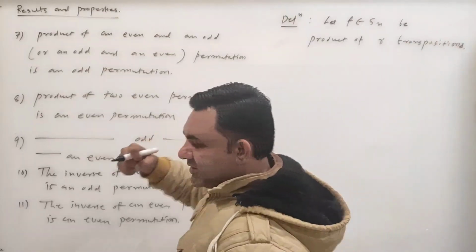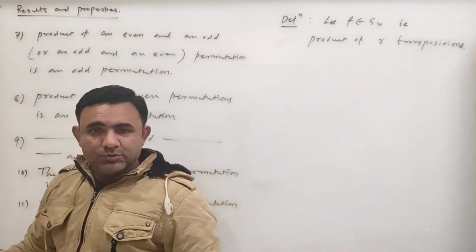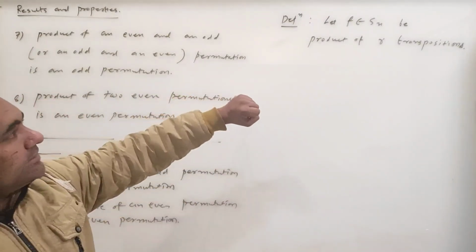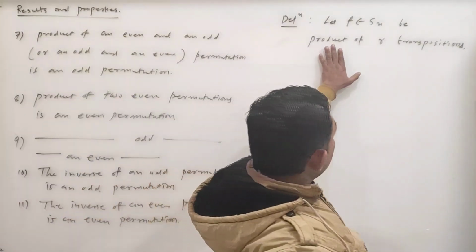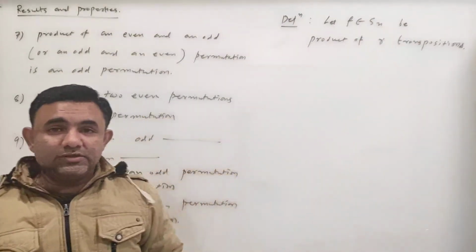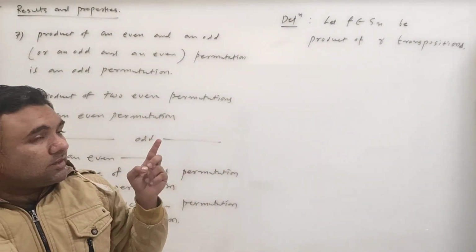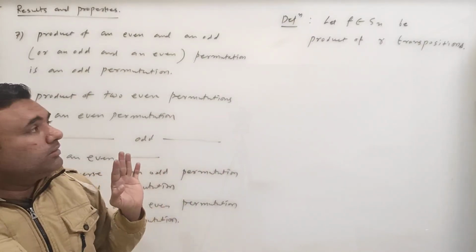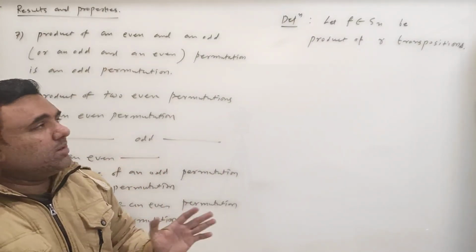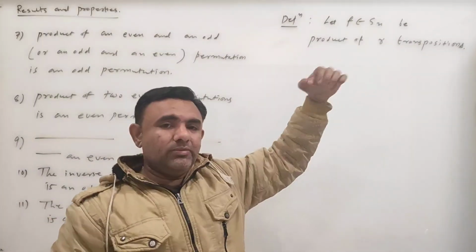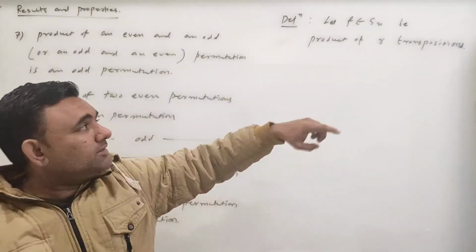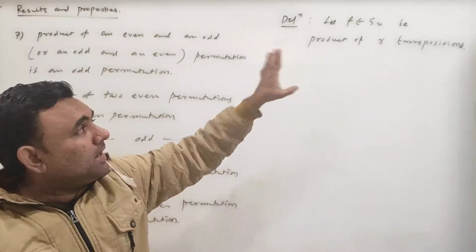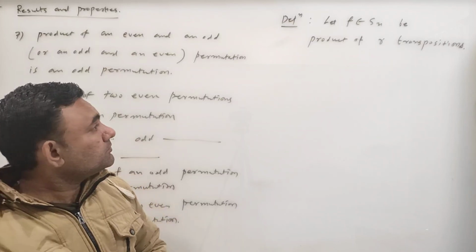So any permutation, then I can express it as a product of transpositions, that we have seen, right? So I start with a permutation, and suppose f is a product of r transpositions. Now what is r? Even or odd? That I don't know. It may be even, it may be odd. It depends on f. If my f is an even permutation, then r is even, and if f is an odd permutation, then r will be odd.